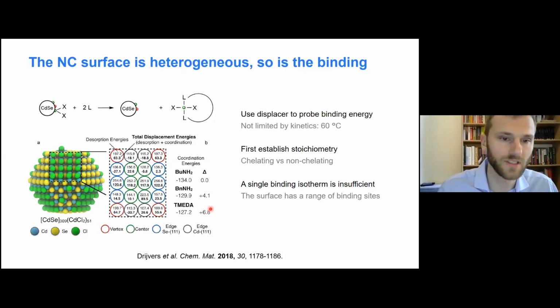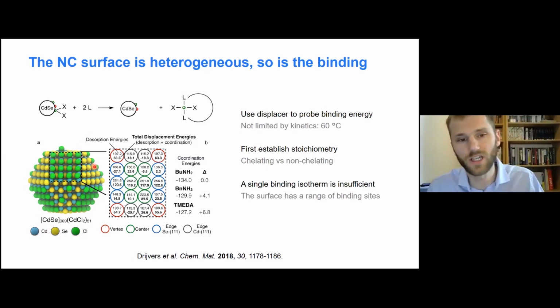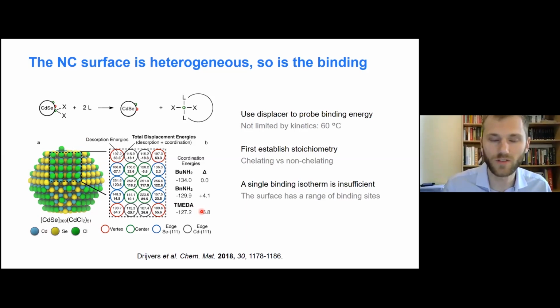And Ivan Infante did some calculations on this. He made an entire nanocrystal capped with Z-type ligands. And then on this particular facet, he removed the Z-type ligand from many different locations. And what he sees is that the desorption energy varies wildly based on where you take the Z-type ligand away.